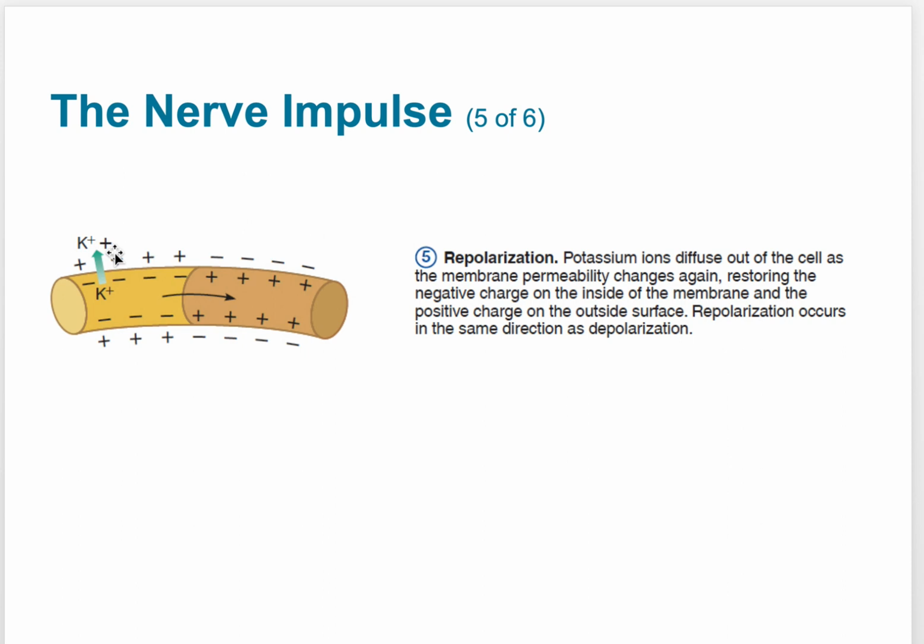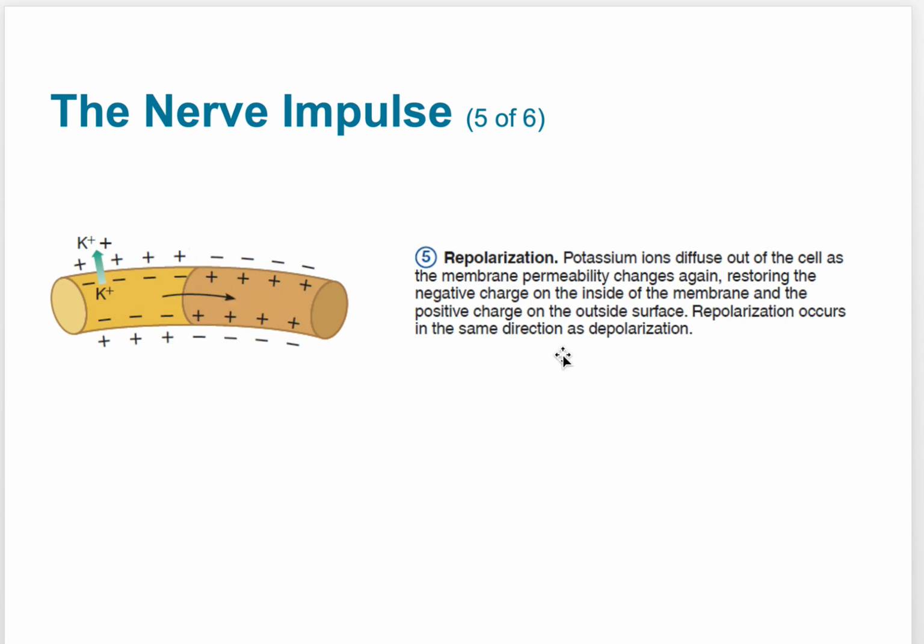Okay, so leak channels open up, and then there's also voltage-gated potassium channels that open up and allow potassium to leave the cell in great quantity. And because you're losing so much positive, you become slightly negative inside or less positive inside. Okay, so potassium ions diffuse out of the cell as the membrane permeability changes again, restoring the negative charge to the inside of the membrane and the positive charge to the outside.